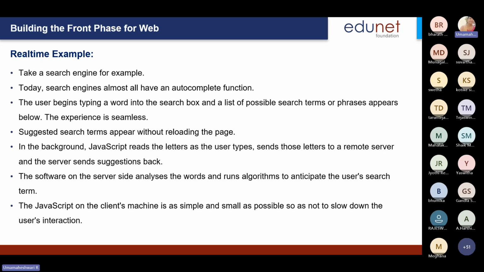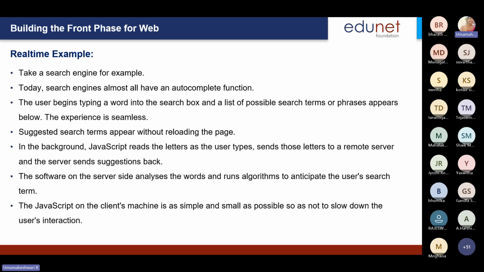This process is going on, but we don't see it; we automatically get the output. The software on the server side analyzes the word and runs an algorithm to anticipate the user's search terms. The JavaScript on the client side machine is kept as simple and small as possible so as not to slow down the user interaction. So that is another example.